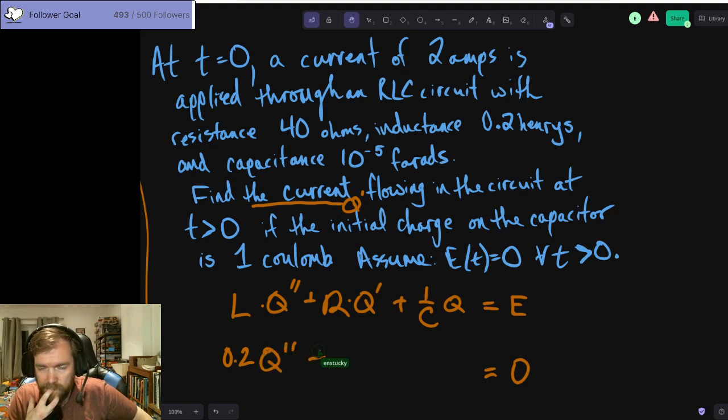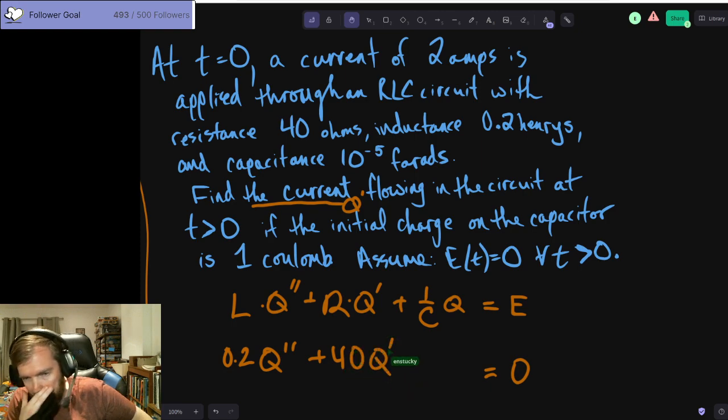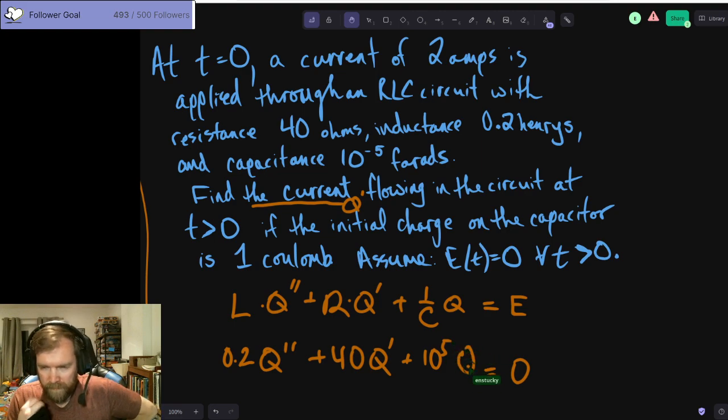The resistance is big. And the capacitance is small, but it's 1 over the capacitance, so that's big.